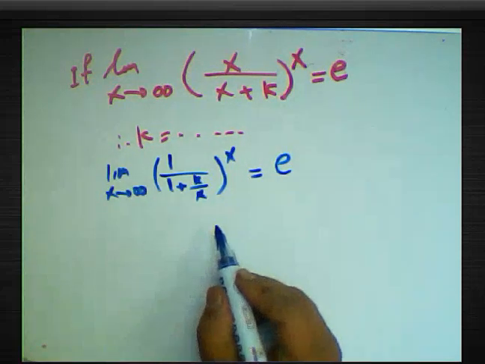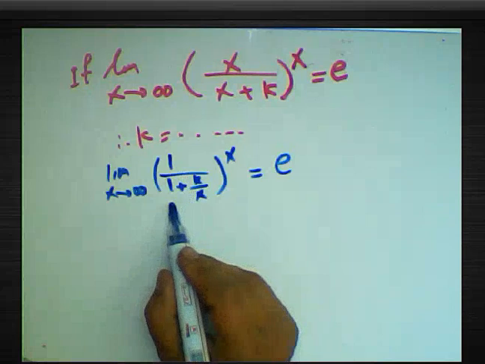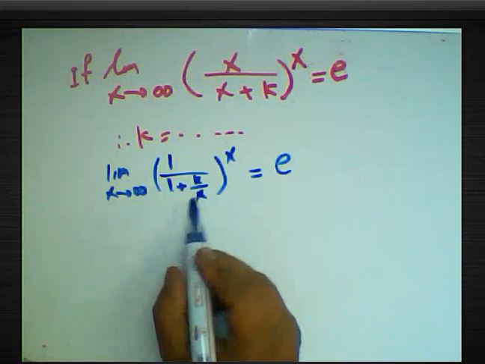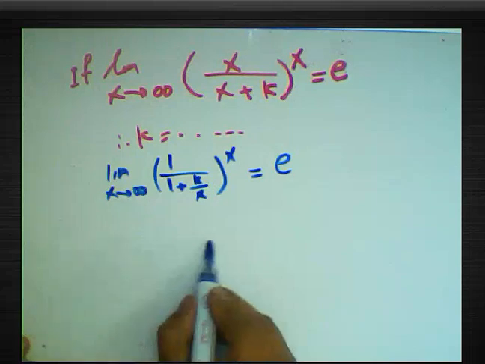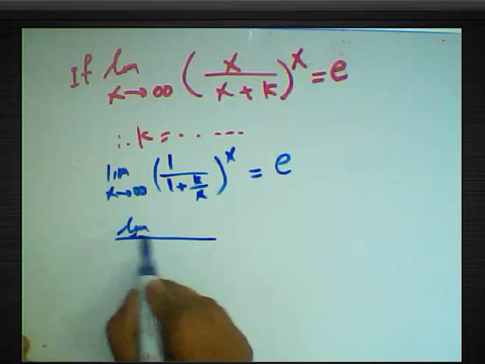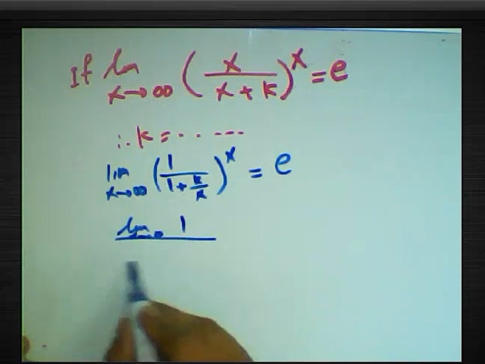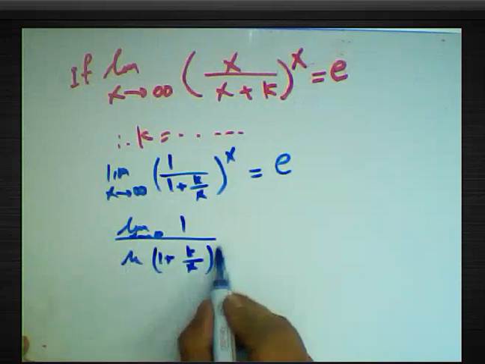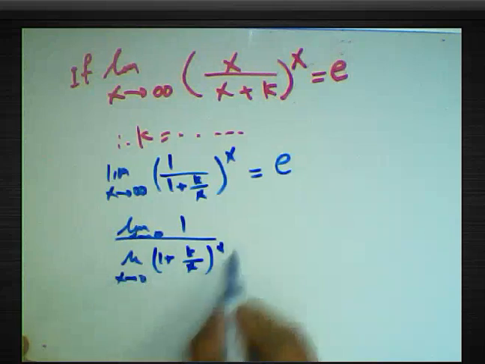Look at here, 1 over (1 plus k over x) all power x. We have the rule here: it will be e power k in the denominator, because you can distribute it, 1 here and the limit of (1 plus k over x) all power x when x approaches infinity.